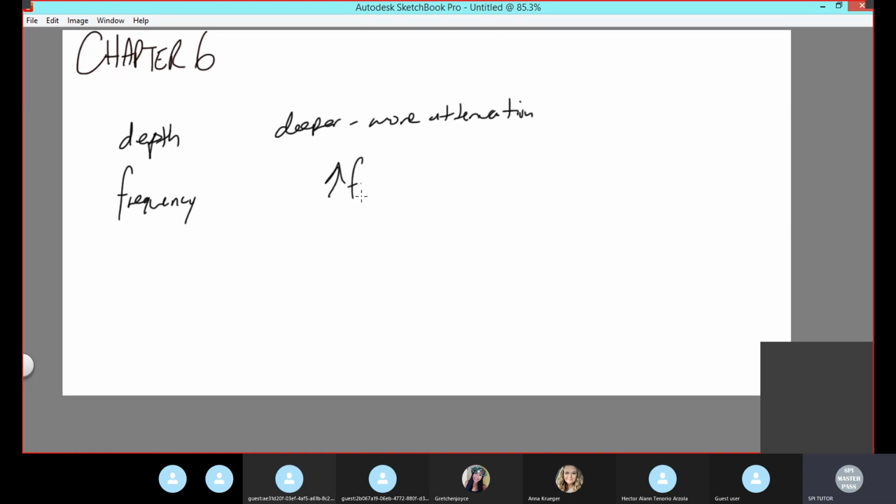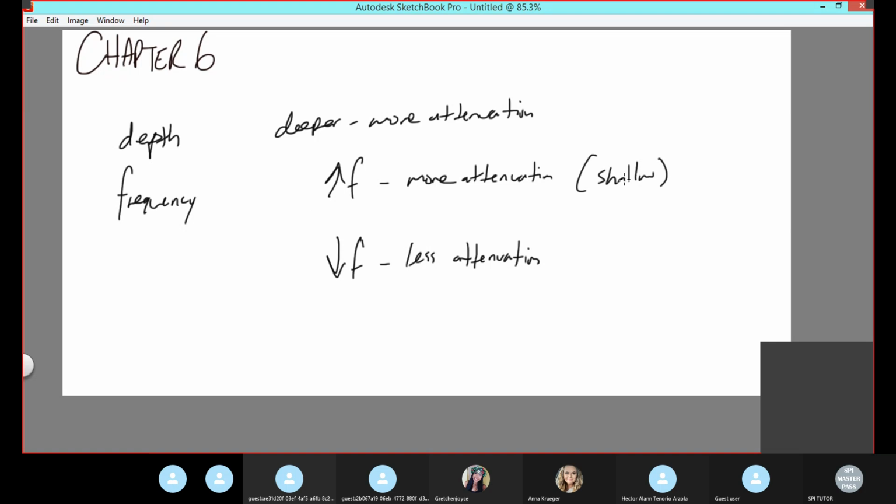Now here you have high frequency versus low frequency. They're saying that if you have high frequency, you have more attenuation, and if you have low frequency, you have less attenuation. This is the concept that high frequency has to be shallow, and low frequency can go deep.